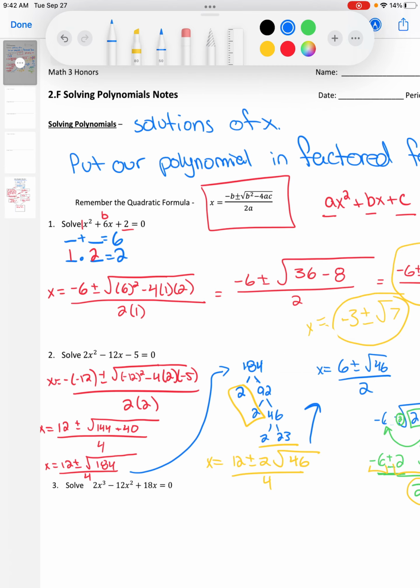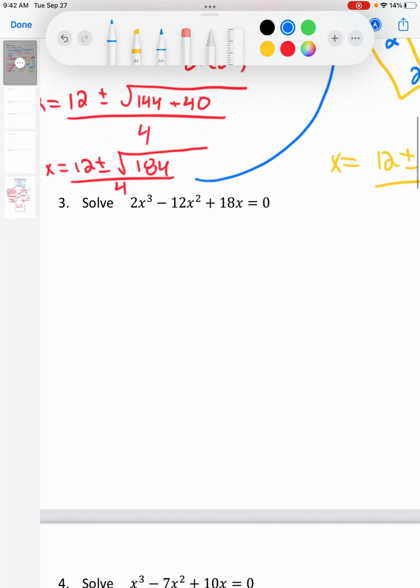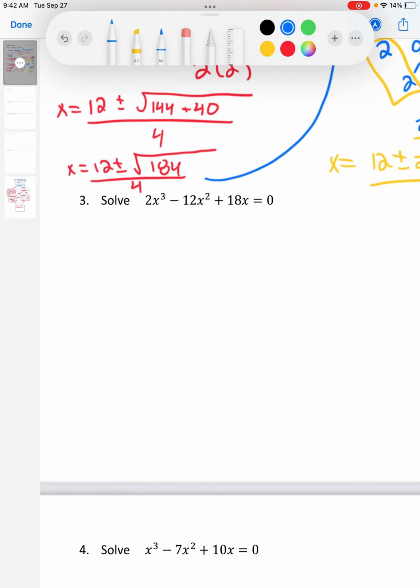So let's go back to that page and look at question 3. What was the very first thing we have to do to solve for x? GCF. Is there a GCF in question 3? Yes, there is a GCF. We can take out 2x. That's my GCF, 2x. So if I'm factoring out a GCF, it means I'm dividing each of these by 2x. So I get x squared minus 6x plus 3 equals 0.